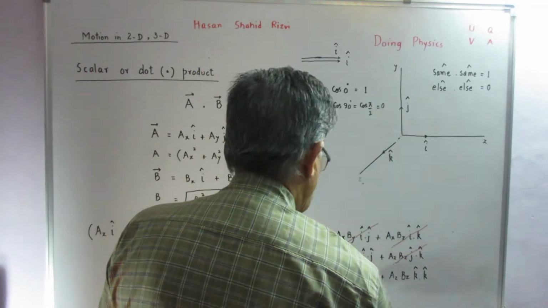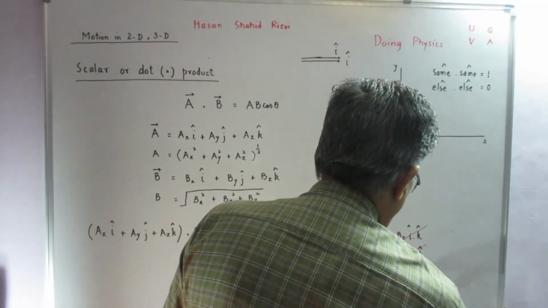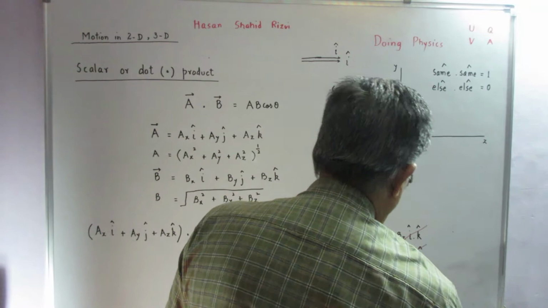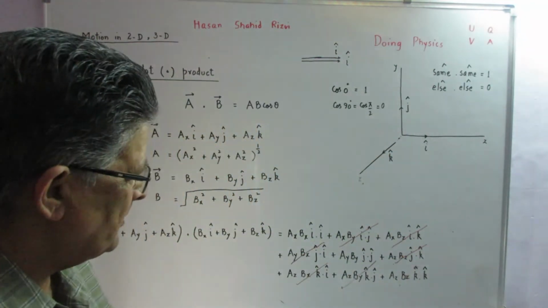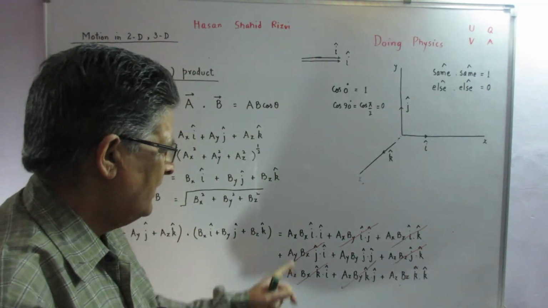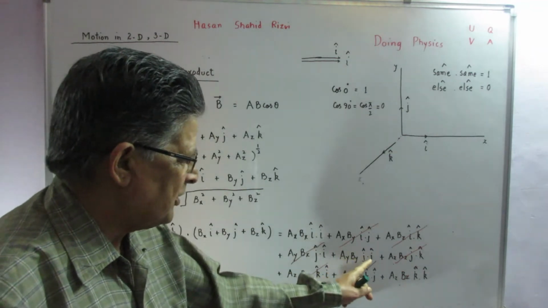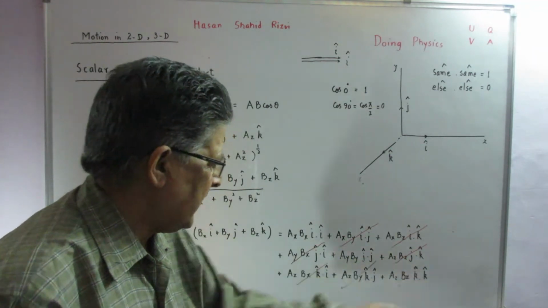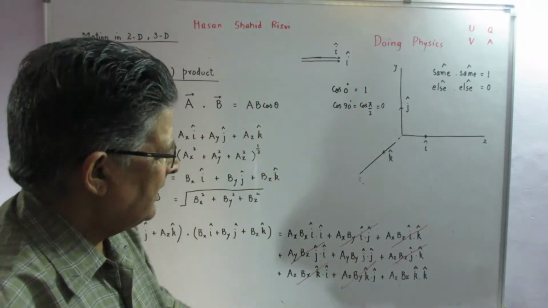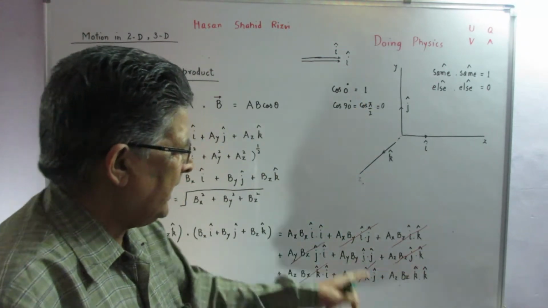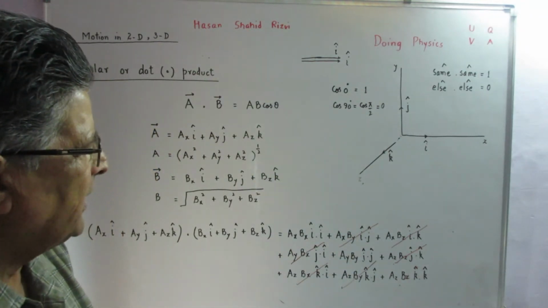I'm sorry, this will not vanish, sir. What will vanish is this one. So what do I obtain now? I am left with Ax Bx i dot i, Ay By j dot j, Az Bz k dot k, and i dot i, same dot same, j dot j, k dot k, all of them turn out to be equal to 1.